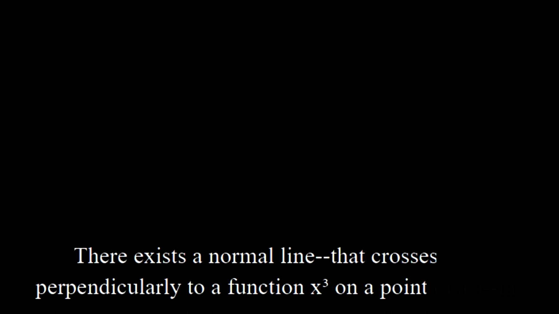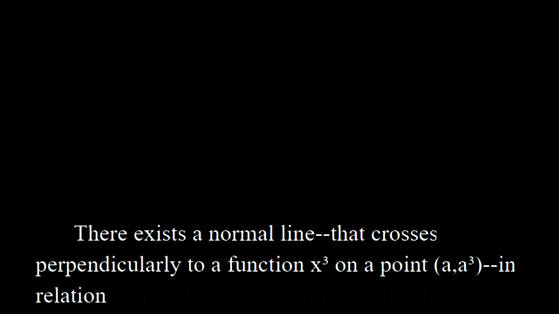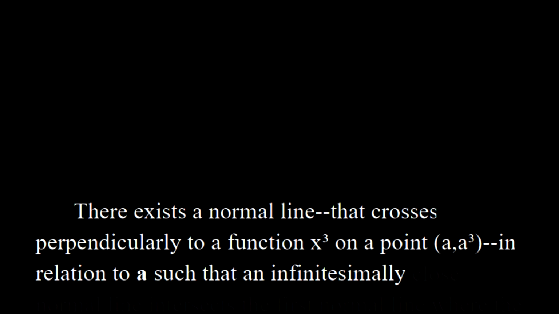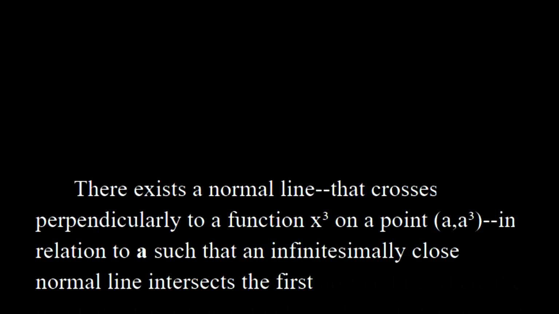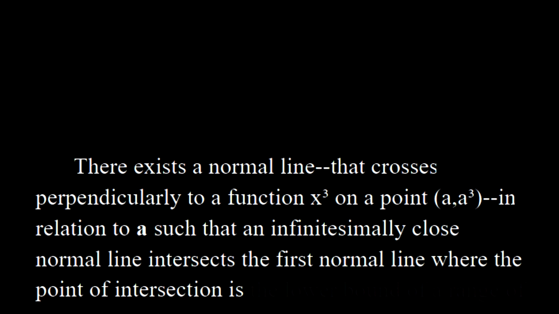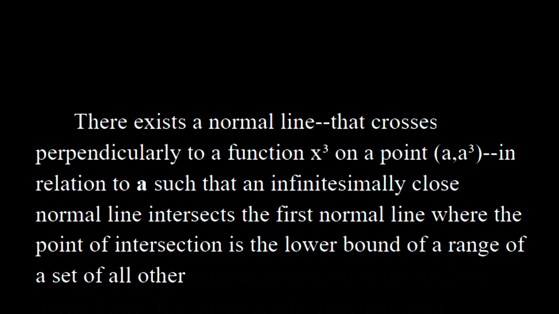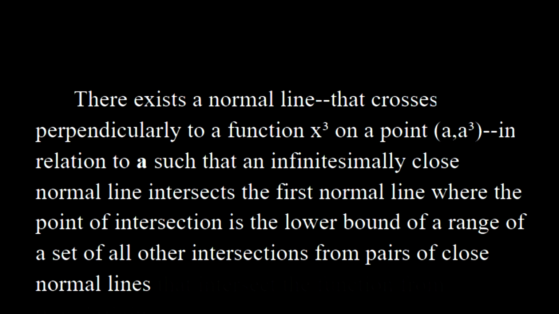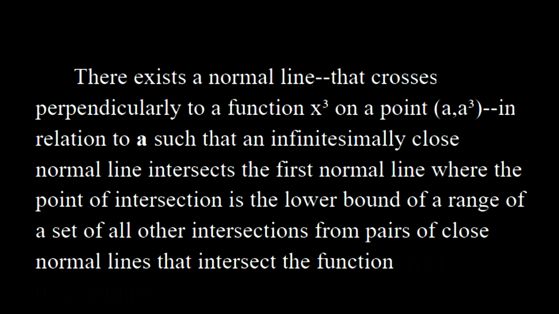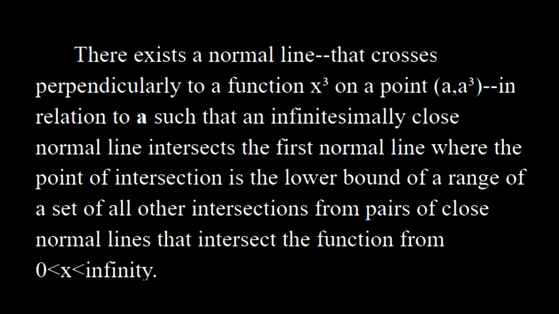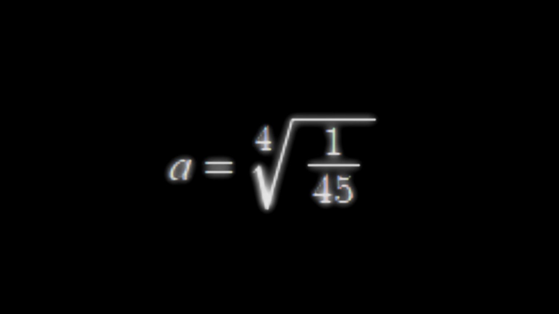There exists a normal line that crosses perpendicularly to the function x cubed at the point a cubed, in relation to a, such that an infinitesimally close normal line intersects the first, where the point of intersection is the lower bound of a range of a set of all other intersections from pairs of close normal lines that intersect the function from 0 to infinity. And a is the fourth root of 1 over 45.